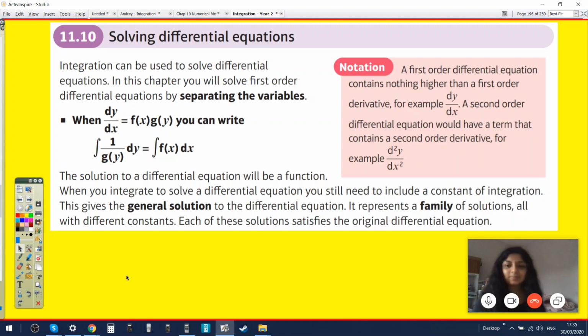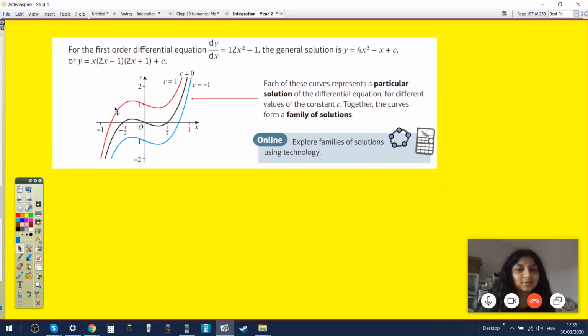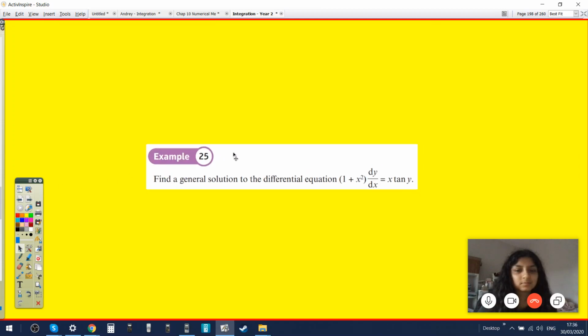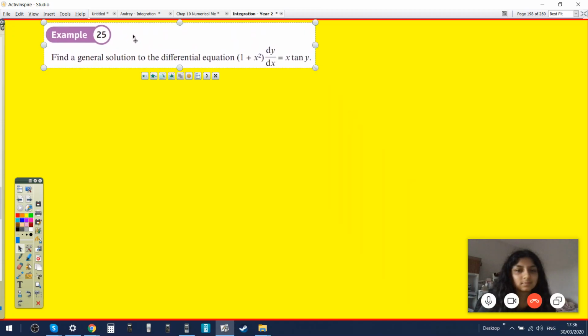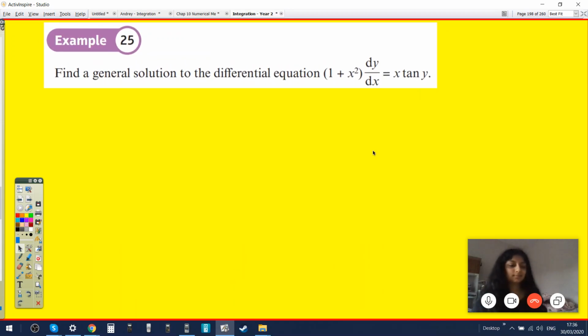Wow. Okay. Separating the variables. Sure. I don't know how to do that. I don't even know what that means. Yeah, we don't need to worry about that stuff. Okay. Any idea how you do this? No idea.